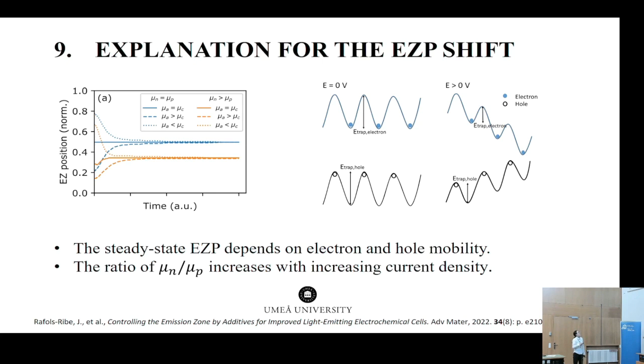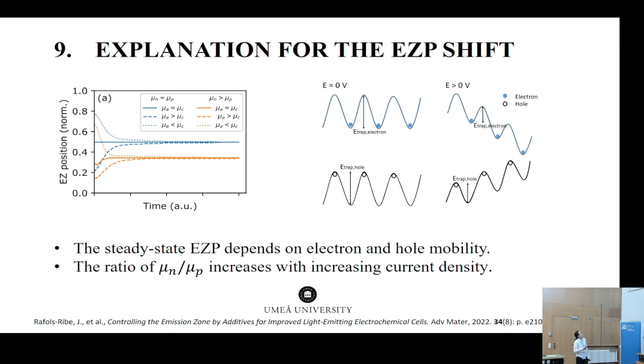But if the electron mobility is higher than the hole mobility, then the final steady state will be close to the anode. Based on this theory, we think that the possible explanation for the emission zone shift is a different field-dependent mobility for the electrons and the holes.